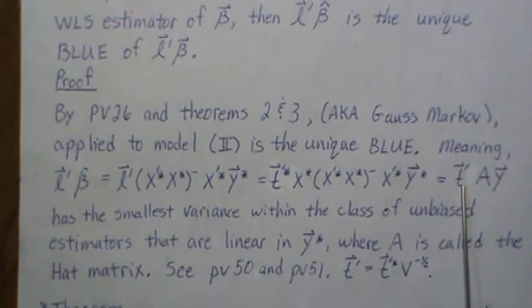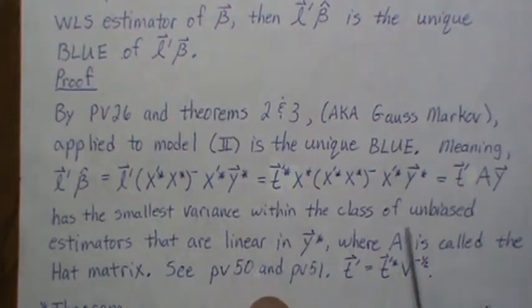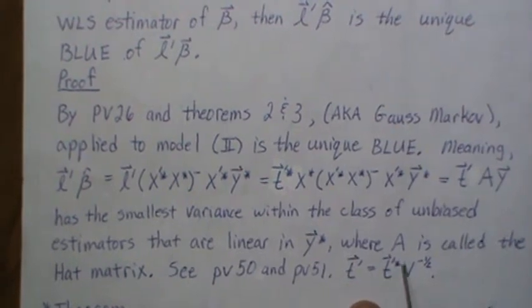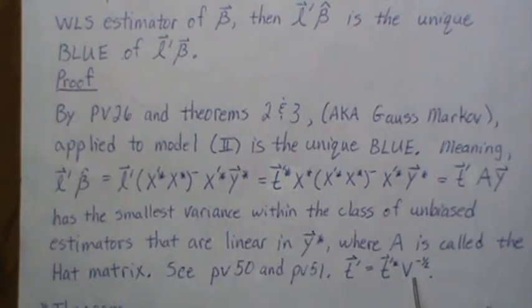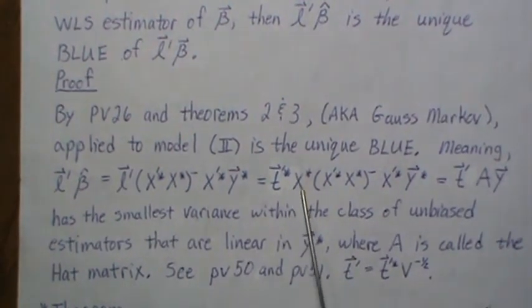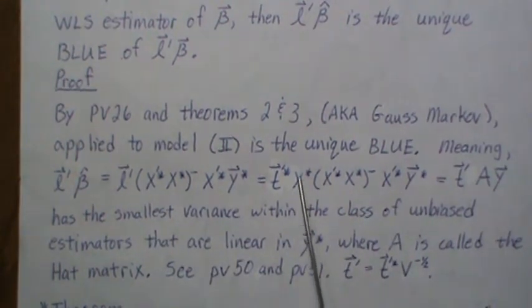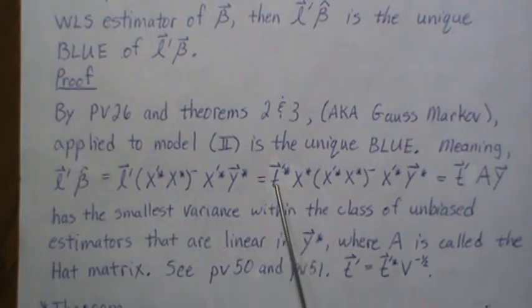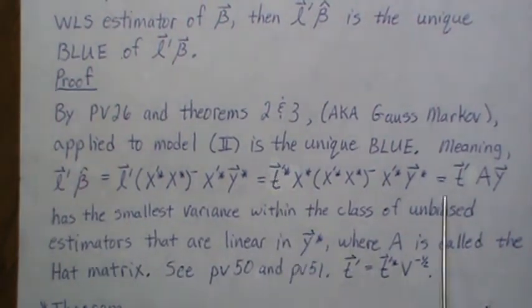Notice here that T is equal to T star V to the minus 1/2. So actually, when you unfold this, the V to the minus 1/2 here is brought into the T star, and we just call it T. That's what this is saying.